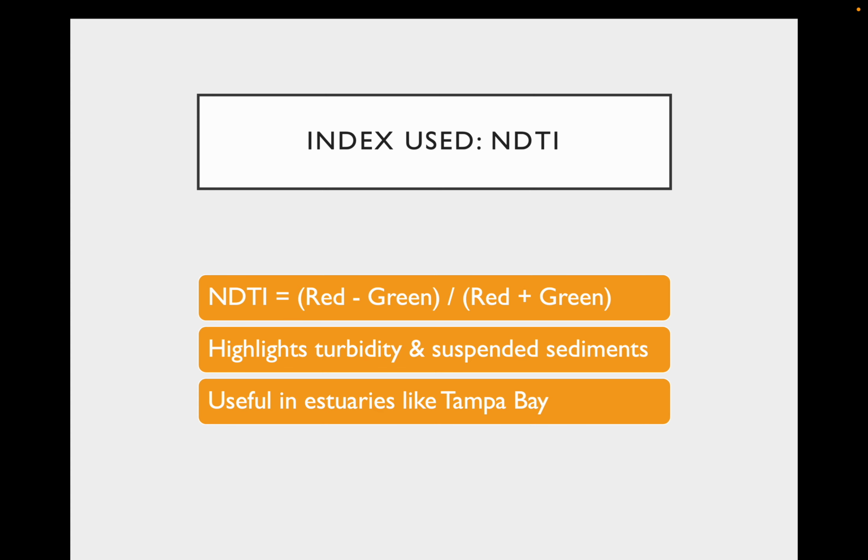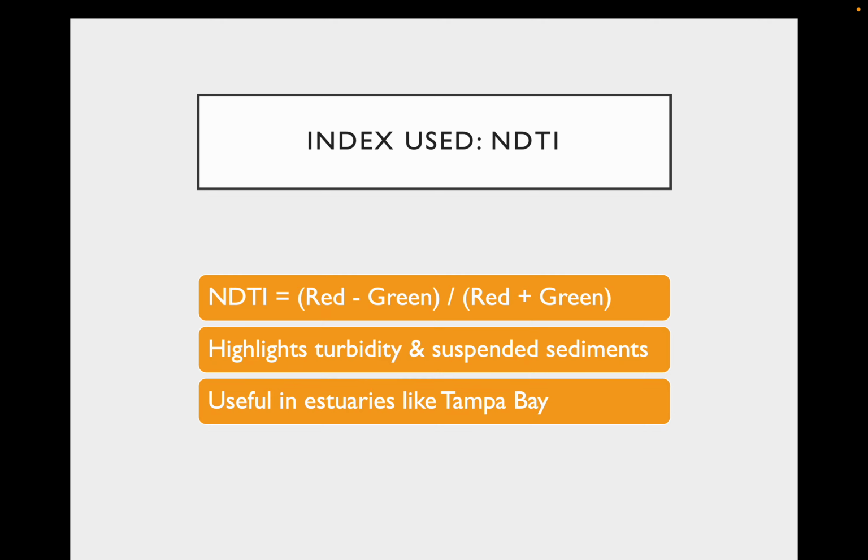I calculated NDTI as red minus green divided by red plus green. I chose this index because previous studies have shown that NDTI is very efficient in detecting turbidity and sediment in coastal environments.